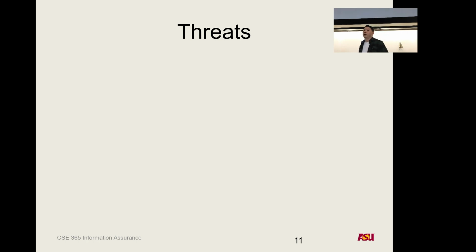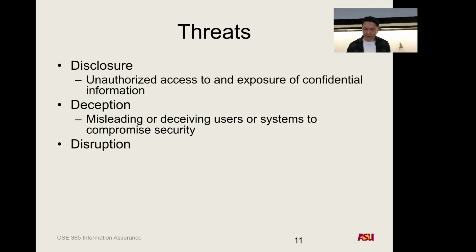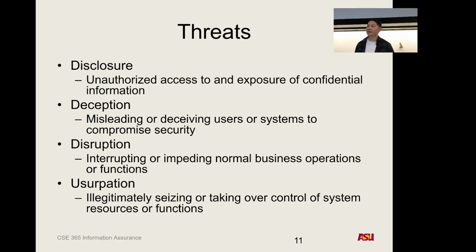Other terms: threat. What is a threat? There are four categories of threats. A threat is a potential risk. It hasn't happened yet, but potentially it will happen if you don't have a proper countermeasure or solution. First, disclosure, like unauthorized access to confidential information.